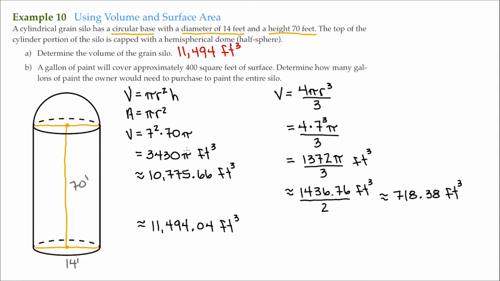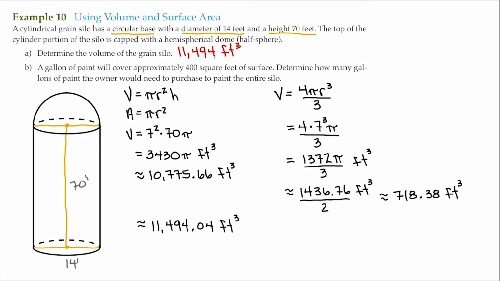In other words, go ahead and multiply and add whatever our whole numbers are, and then multiply it by pi and come up with your approximation. But you should come out with around 11,494 cubic feet. Now that's the volume.